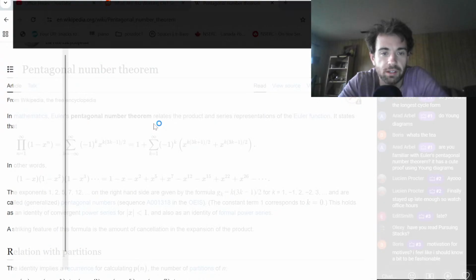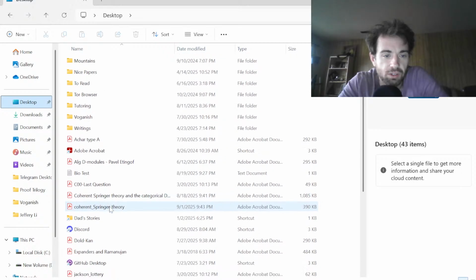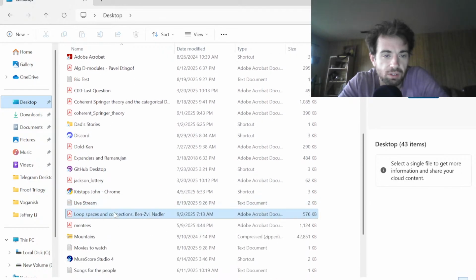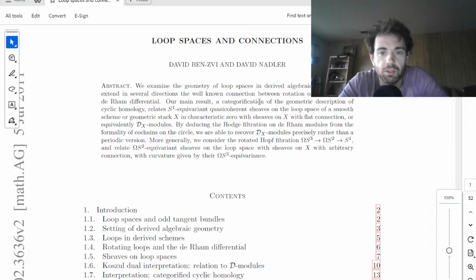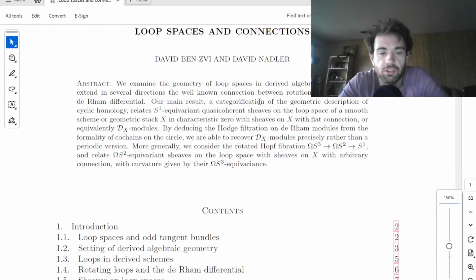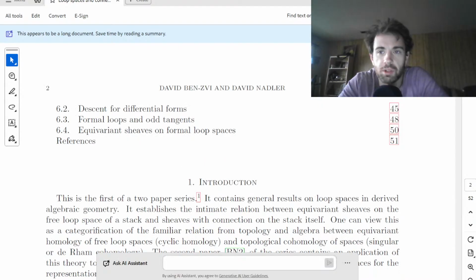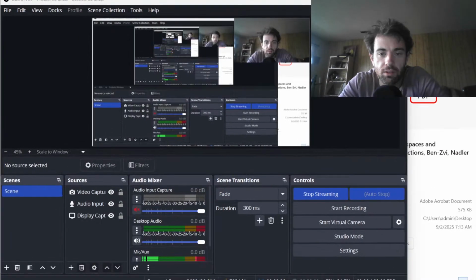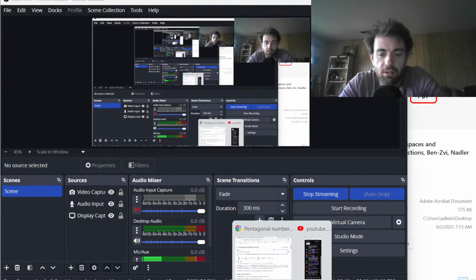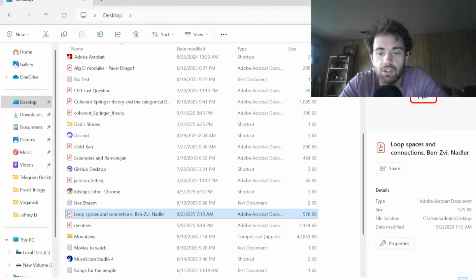Like there's this one paper, where is it? I was working backwards from between the coherent and constructible Langlands, and I arrived at this paper by Ben-Zvi and Nadler, and I'm trying to understand.